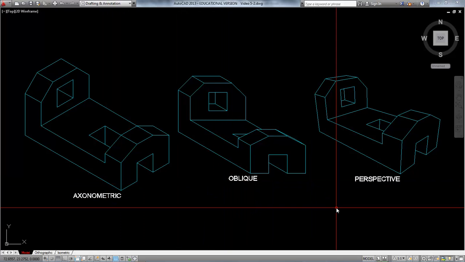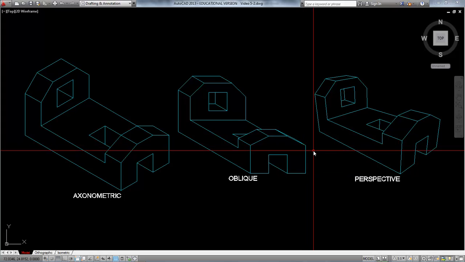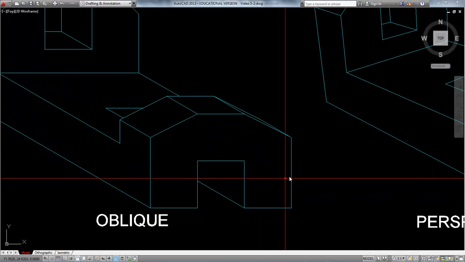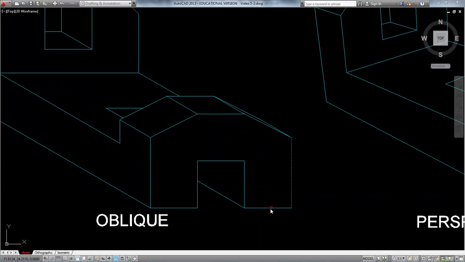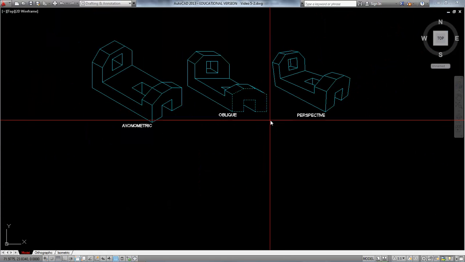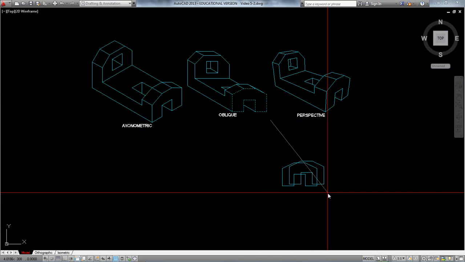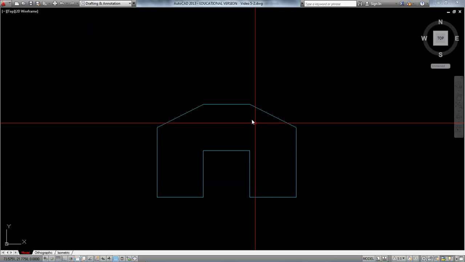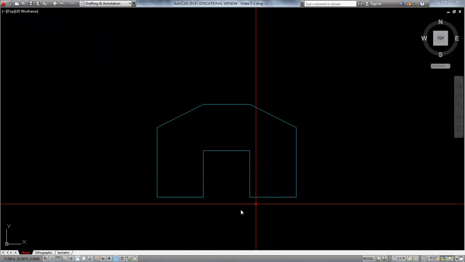Now, the obliques are the easiest pictorial views to draw. They're the easiest because any surface that is parallel with the frontal plane of projection is actually drawn just orthographically. If I separate this surface, you can see it's drawn just like we would draw anything using orthographic projection.